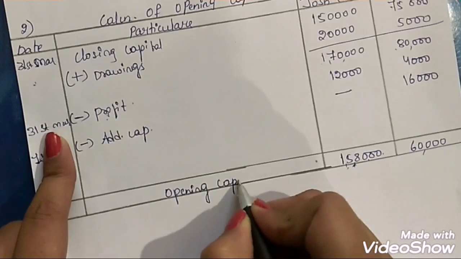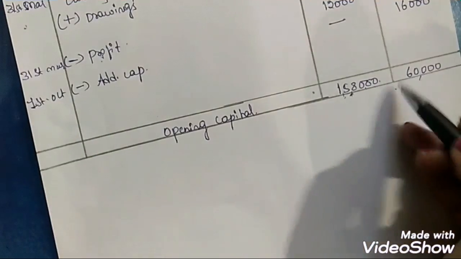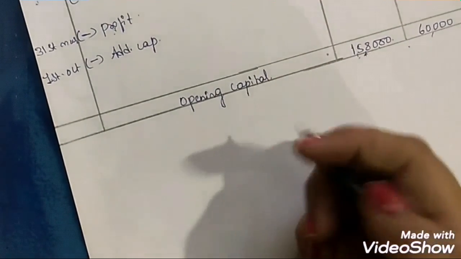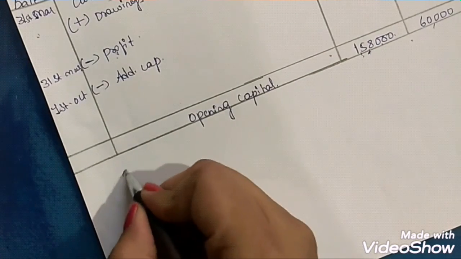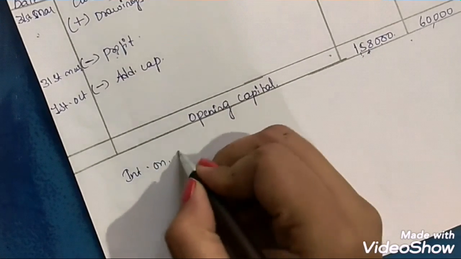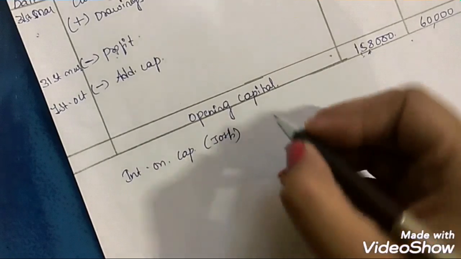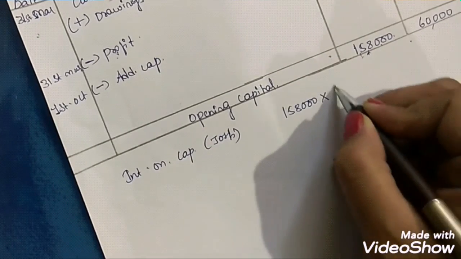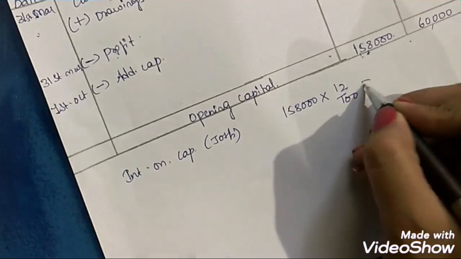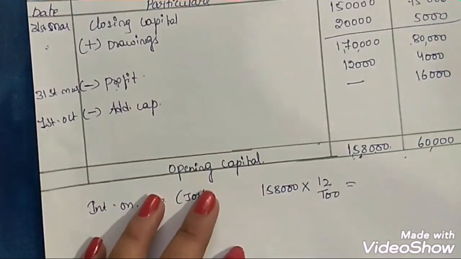Okay, now the problem does not end here. This is just the opening capital that we have found out. Now we have to calculate the interest on capital. So interest on capital for Josh: opening capital of Josh is rupees 1,58,000 into 12%, because the rate of interest given in the question is 12%.